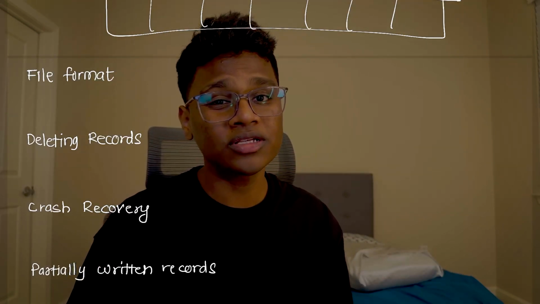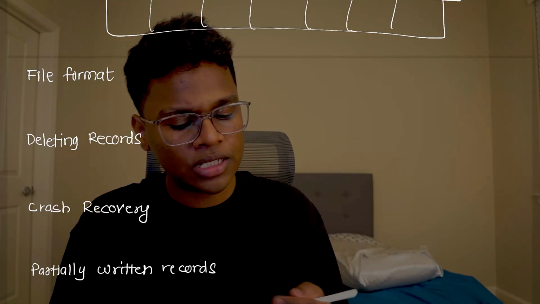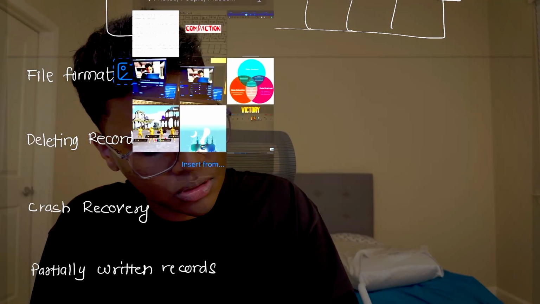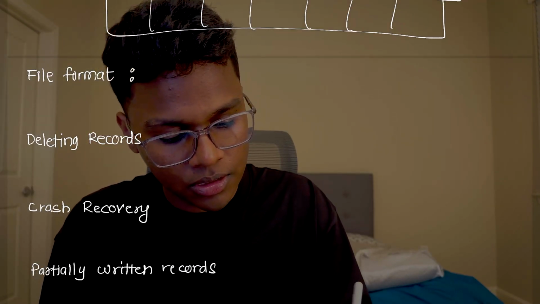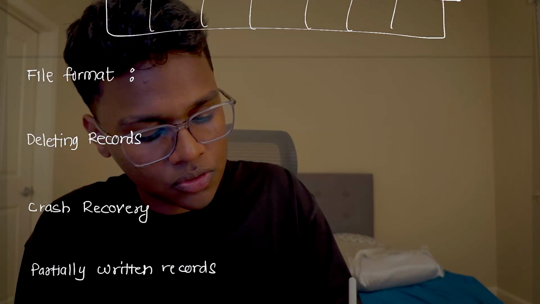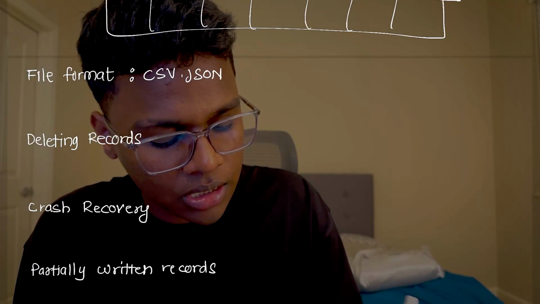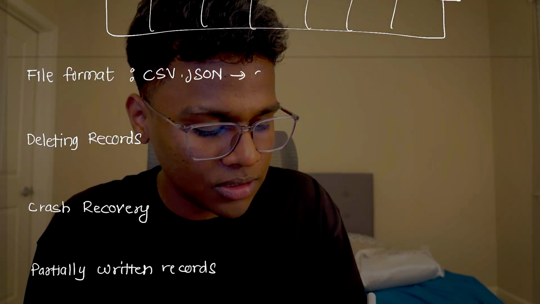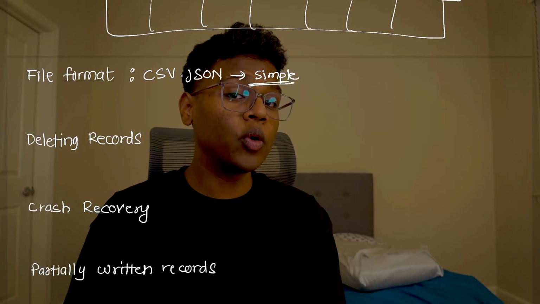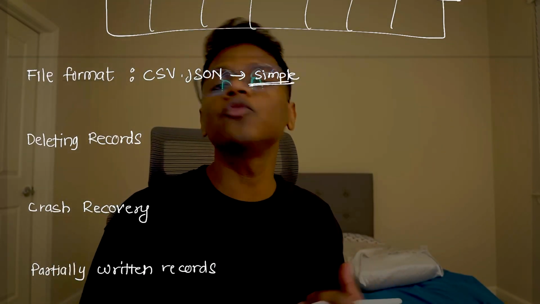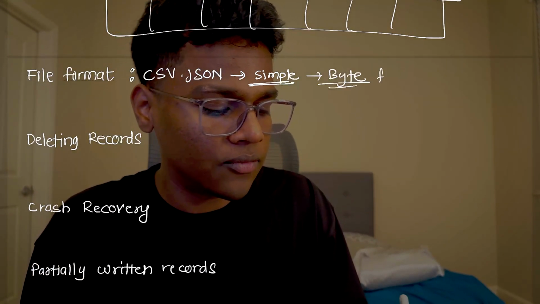But what are some of the challenges or considerations or pros of this method, right? So first of all, file format. We are using CSV or JSON file format, and these file formats can be simple, but it would be more useful for us to use a byte file format.